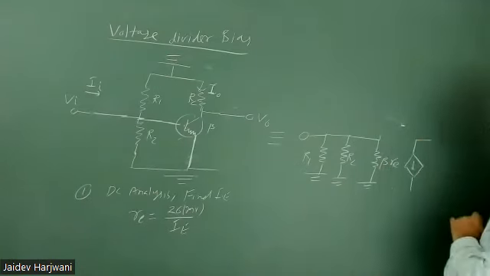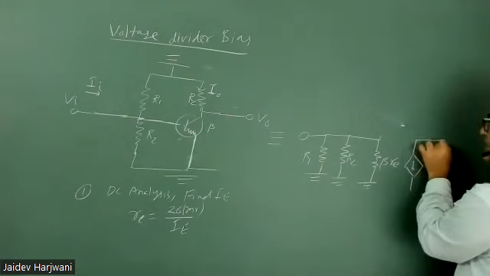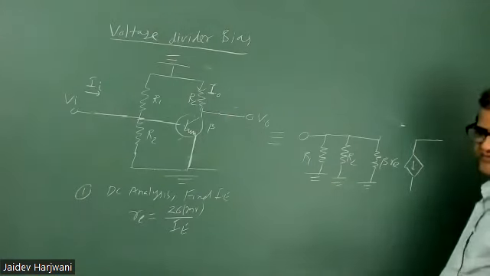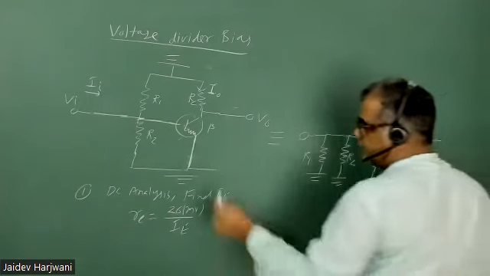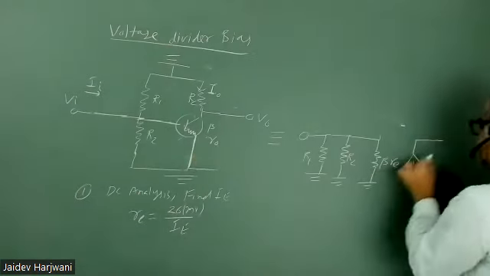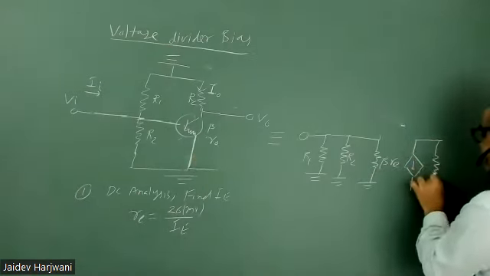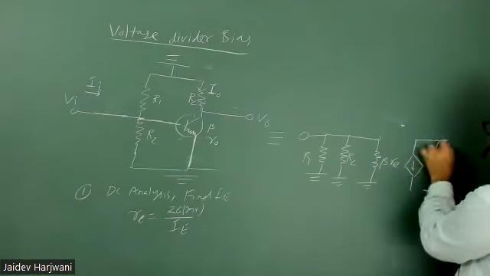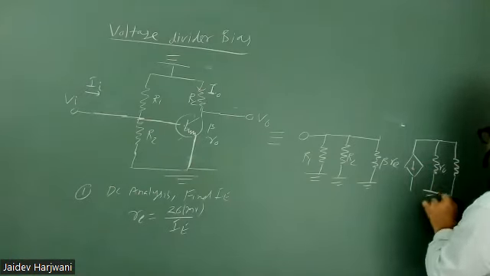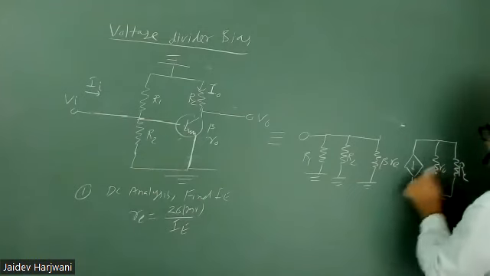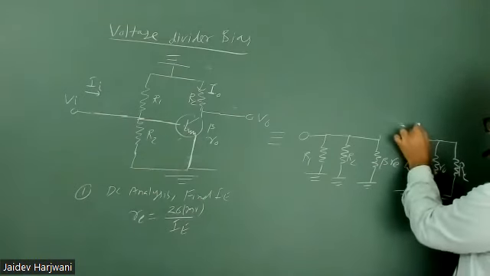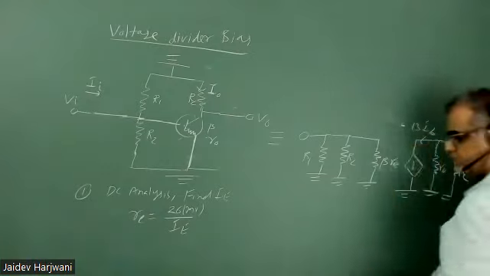And here you have an RC, and if you want you can put R0, the output resistance, and otherwise you can make that infinite. So this is your R0, and you have RC also. And this is your beta IB current.